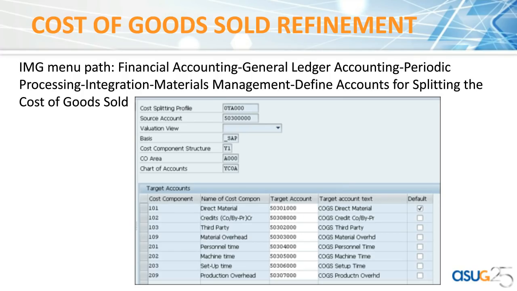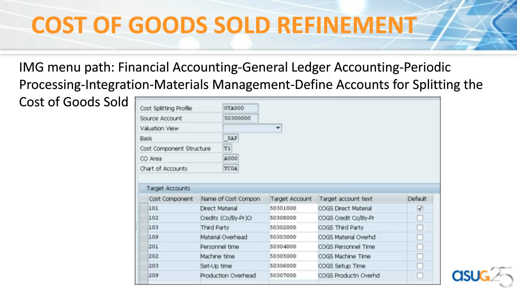So as I was mentioning, my cost components from my cost component structure can be assigned to a GL account number. I'll have all of that detail in ACDOCA. Now, where this is found in the configuration menu is kind of a mystery. It's not in the COPA set of folders. It's under General Ledger Accounting, Periodic Processing.